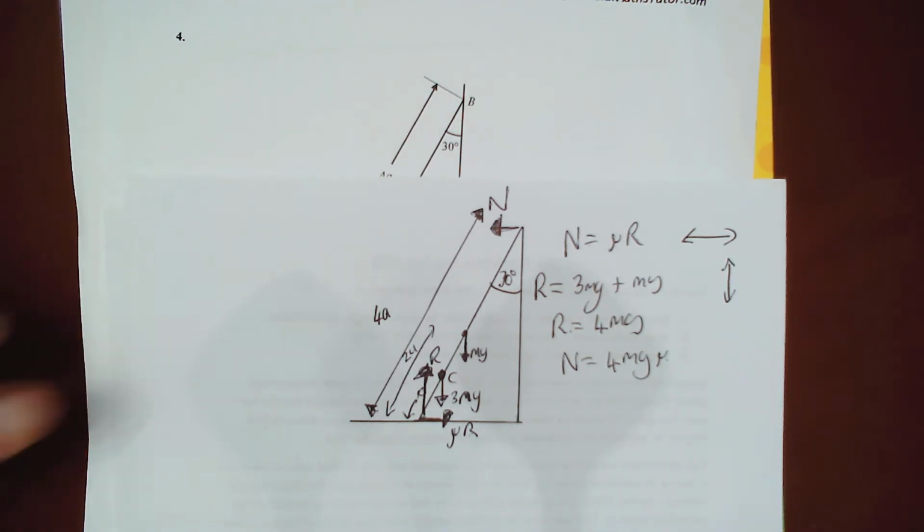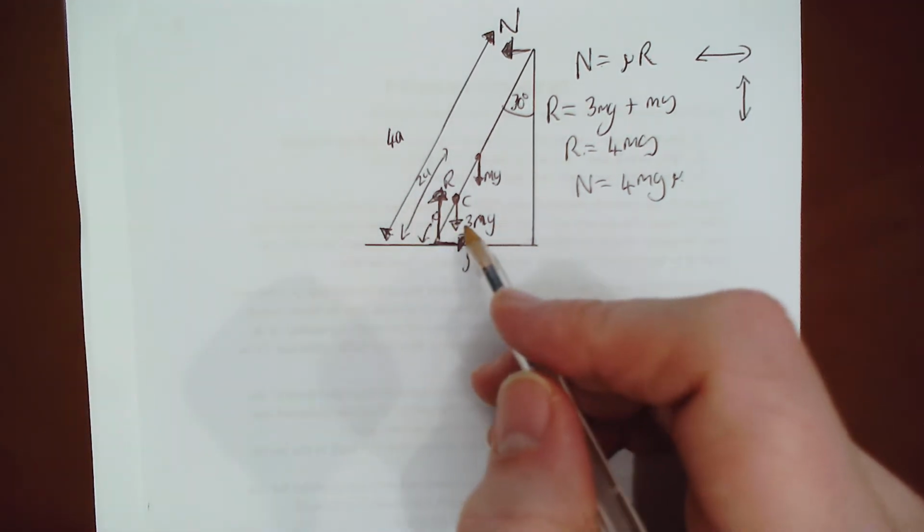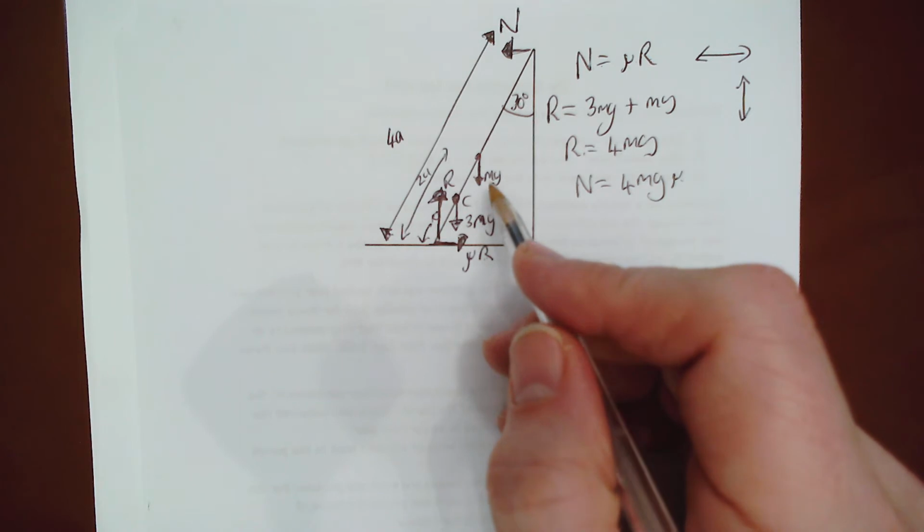So what do we then do next? Well, with these problems we resolve forces, but we also take moments. Now we've got an interesting diagram here. There's a bit going on.